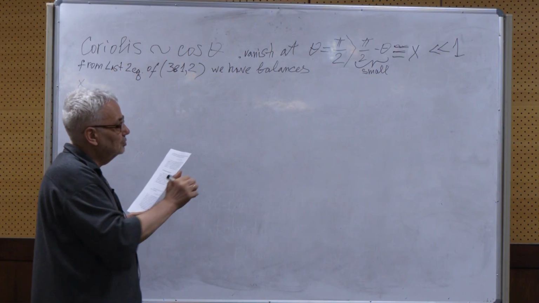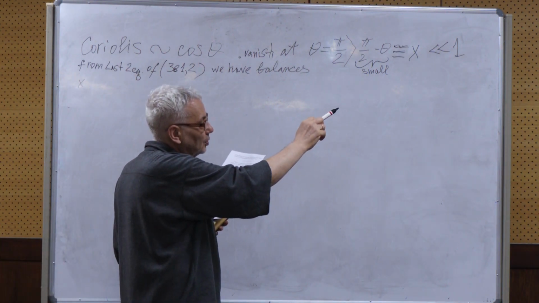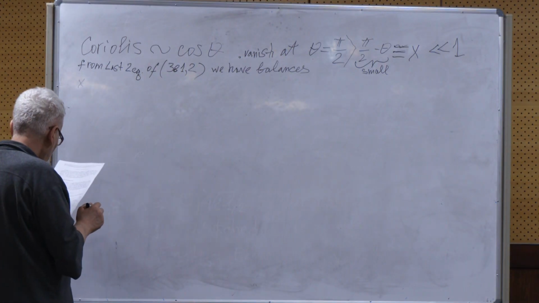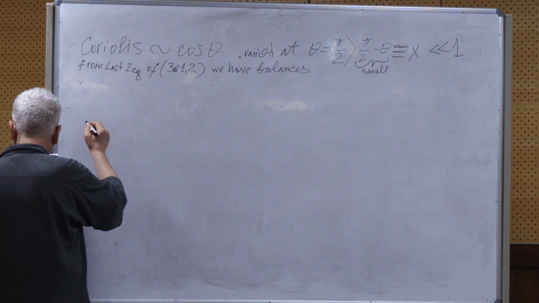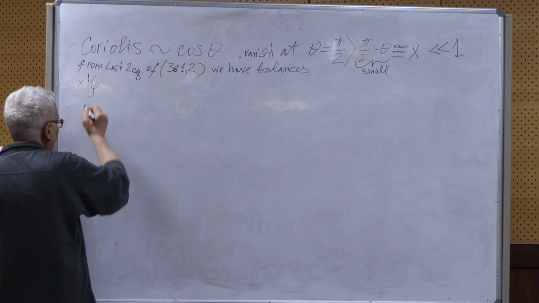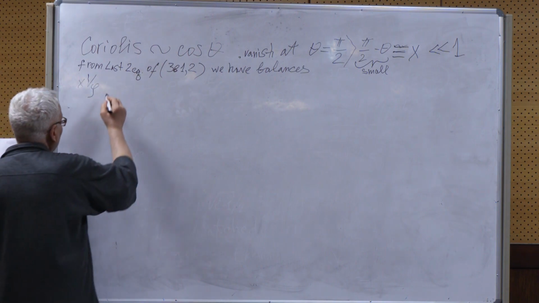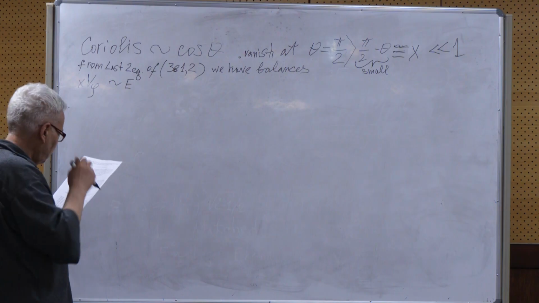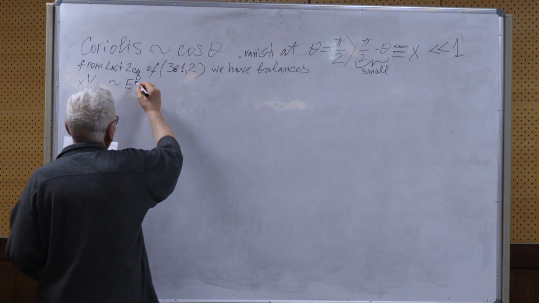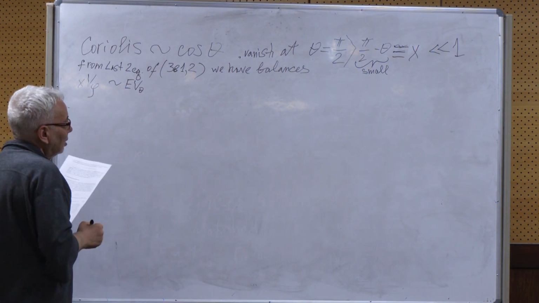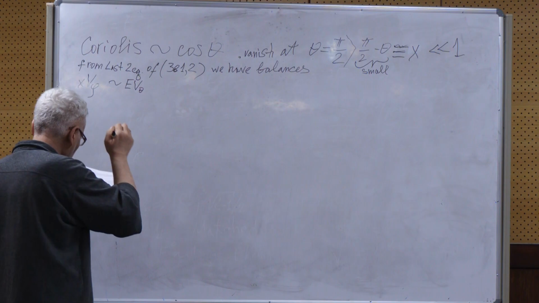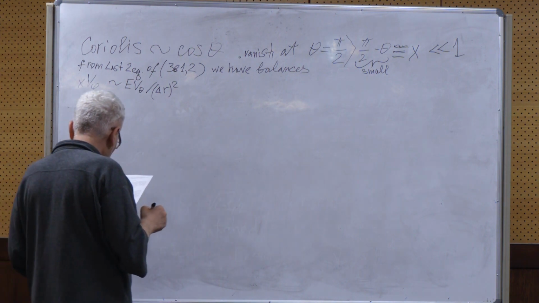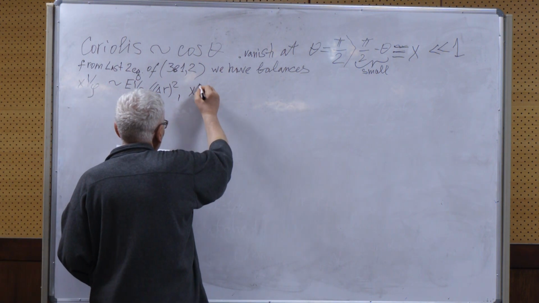You see that these two last equations start from V phi, and this V phi appears like x V phi, that is proportional to Ekman V theta over delta R squared, then x V theta.